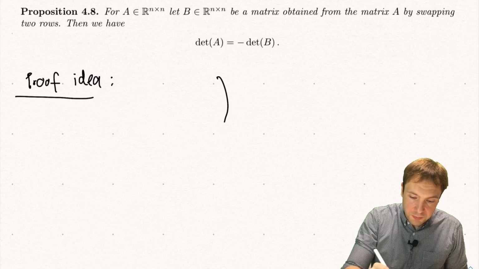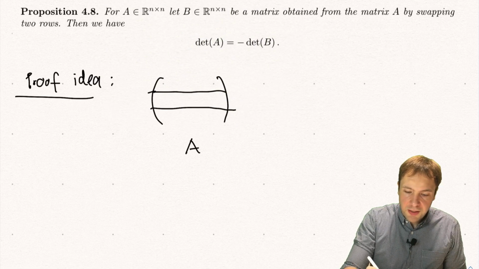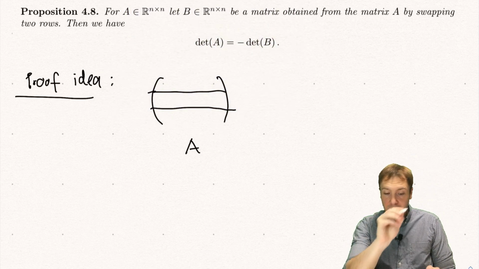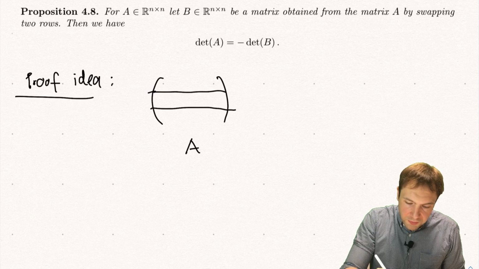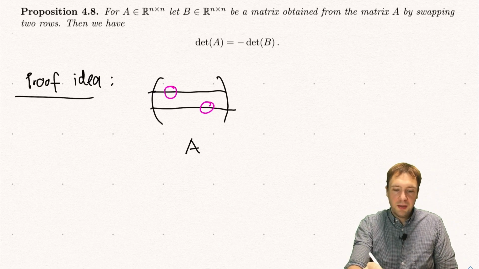So let's say I choose this row and this row. Let's say this is the matrix A, and since in each pattern I need to have exactly one element in each row, for example I could choose these two elements.